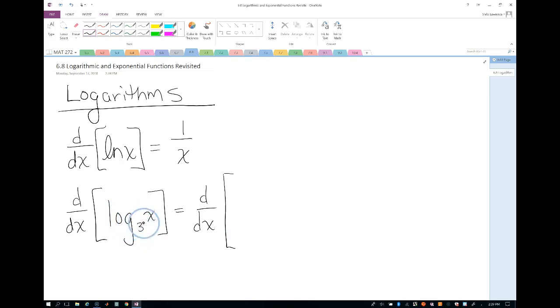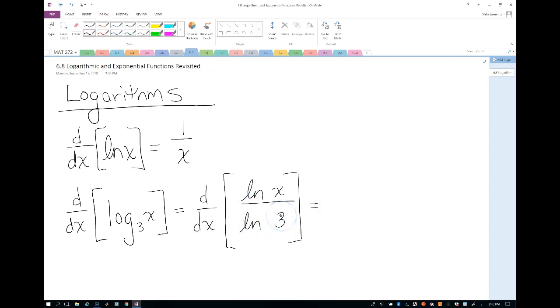So we can change this log base 3 of x into a natural log if we set up a quotient with natural log of our input on the top and natural log of our base on the bottom. We really are allowed to change this to any type of log that we want to, but for derivatives here, it's going to be most beneficial to do natural log of x, since we already know the derivative for natural log of x.